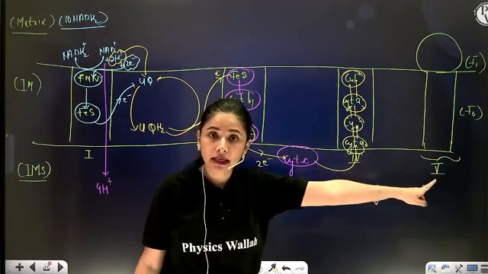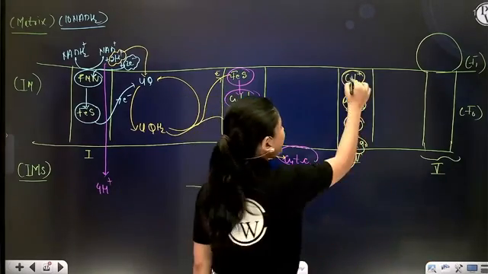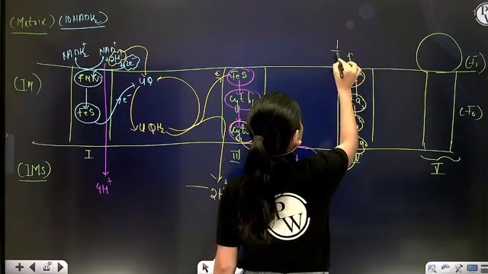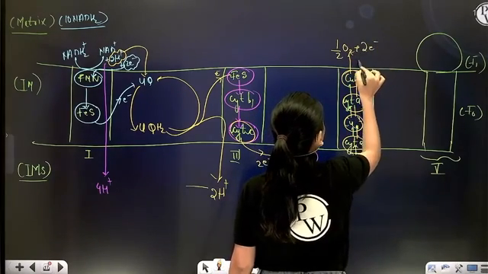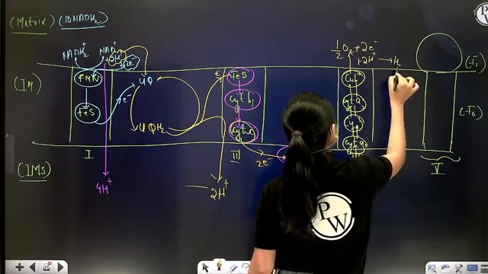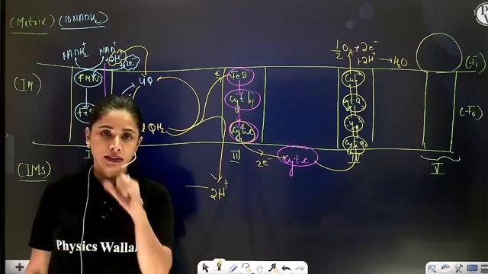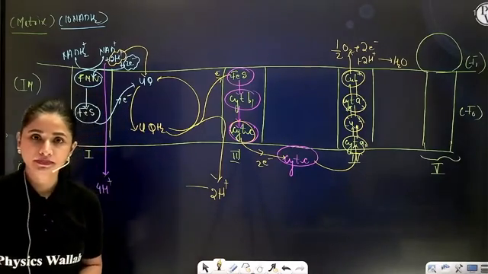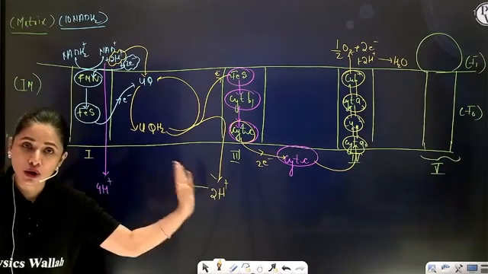Now from here, those two electrons will be accepted by the terminal electron acceptor, oxygen, which along with the 2 protons in the matrix will produce water, one of the byproducts of respiration. Clear?